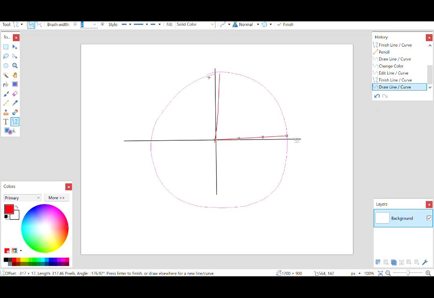We could also have negative slopes. This one has a big negative slope. This one has a negative slope of around 1, or negative 1. This one has a very tiny negative slope. We can also have a slope of 0, which would be on the axis itself, on the x-axis.